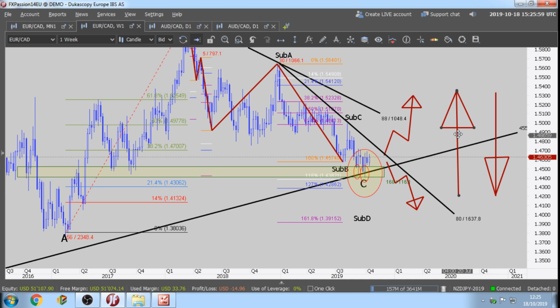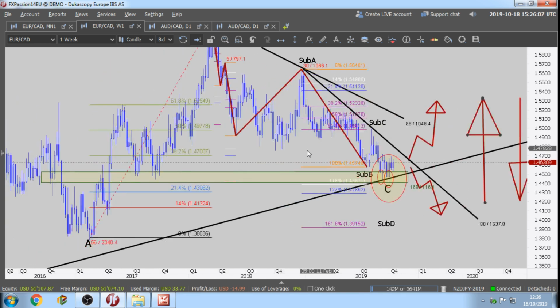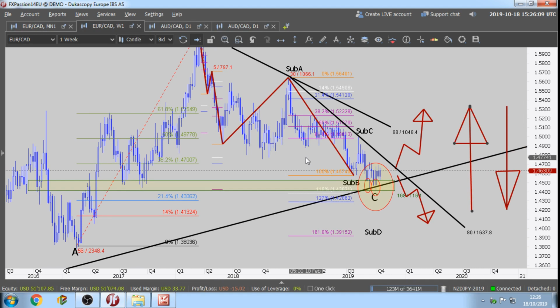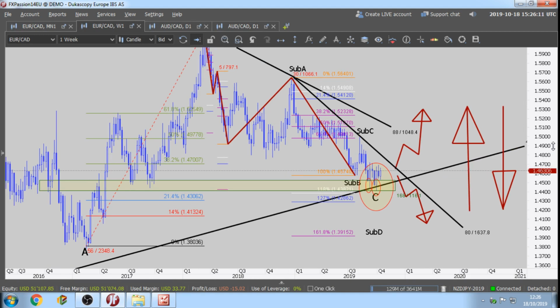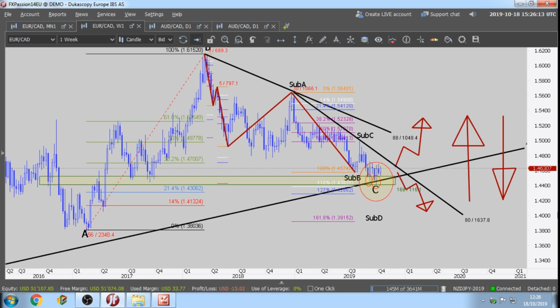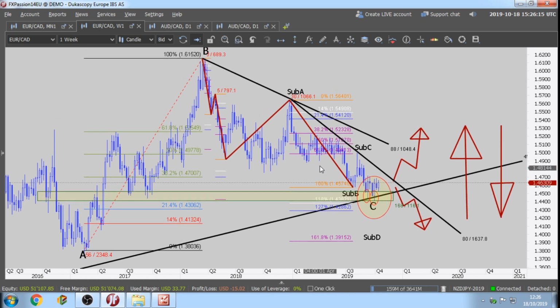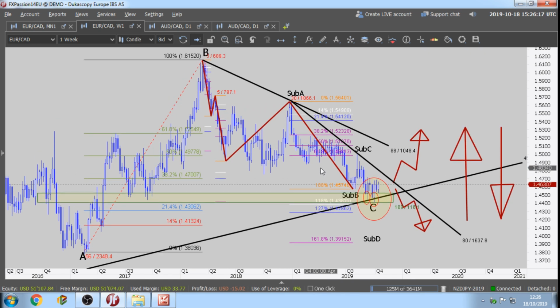And the technical risk for the traders that want to go long: we don't have a confirmed C, and still the market is making lower lows, lower highs on the weekly chart. So in this battle between the bulls and the bears, somebody's going to win, right?